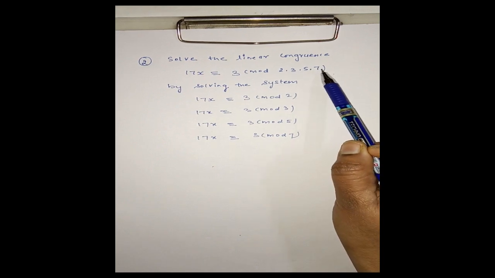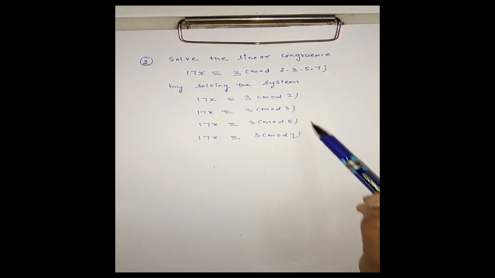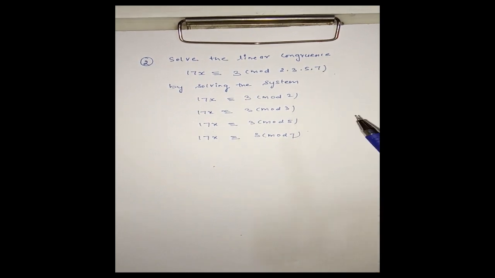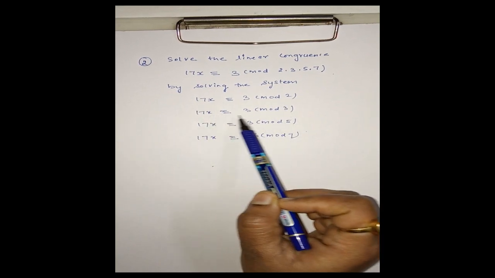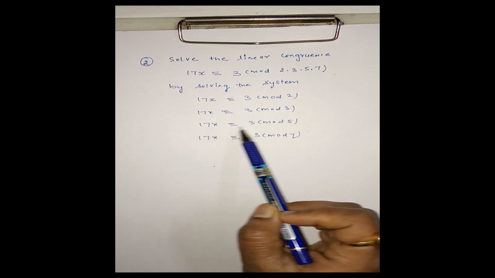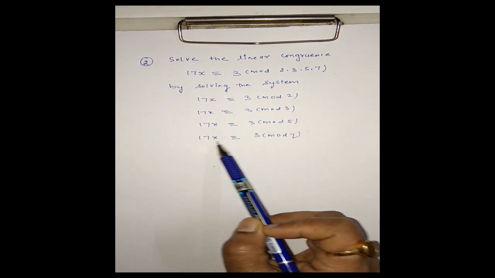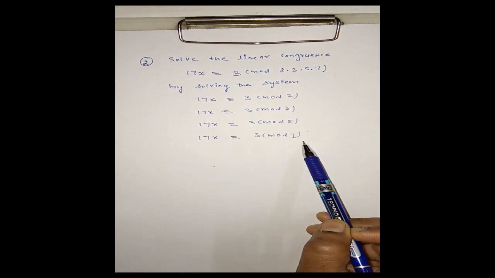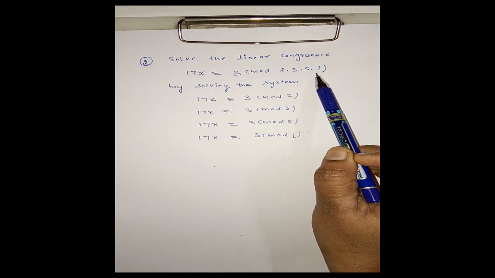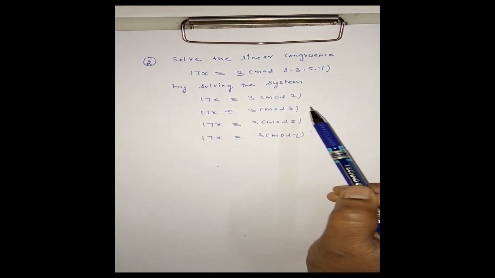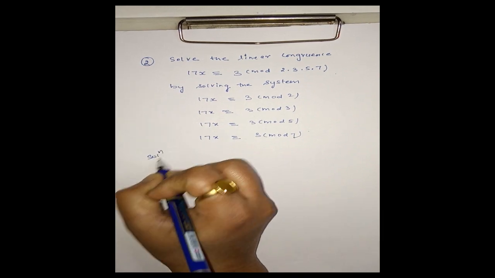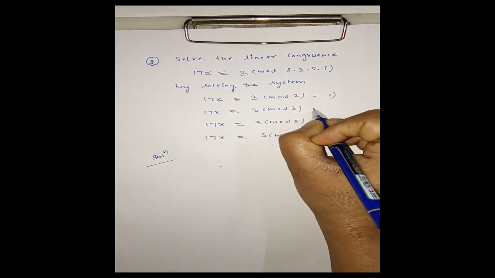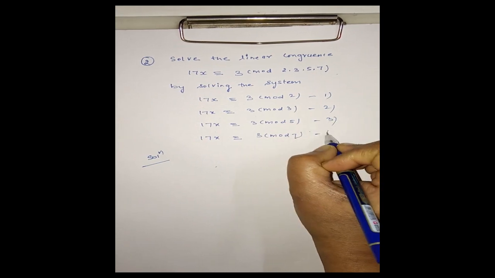Now we will find the solution by solving the system of linear congruences: ax is congruent to b modulo n1, modulo n2, modulo n3 and modulo n4. Mark these as 1, 2, 3, 4.